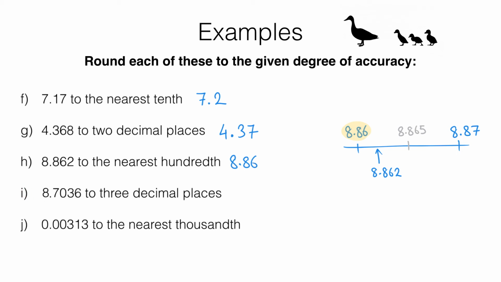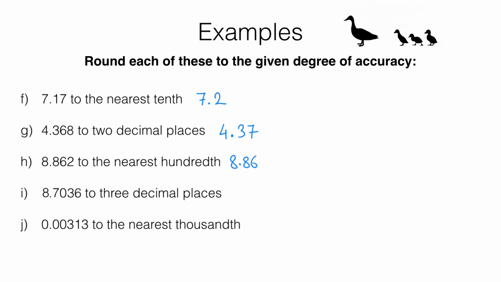In question I, we are now rounding this number to 3 decimal places. So that is to the nearest thousandth, because the third digit after the decimal point is in the thousandths column. Now what we've got here is 8 ones, 7 tenths, no hundredths, and 3 thousandths and a little bit more.